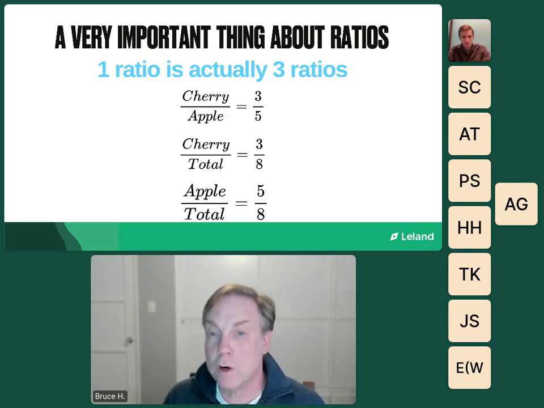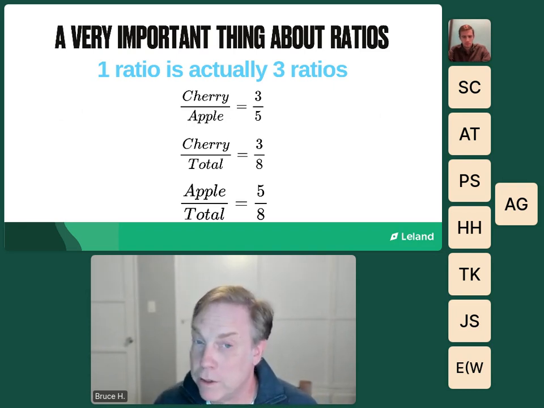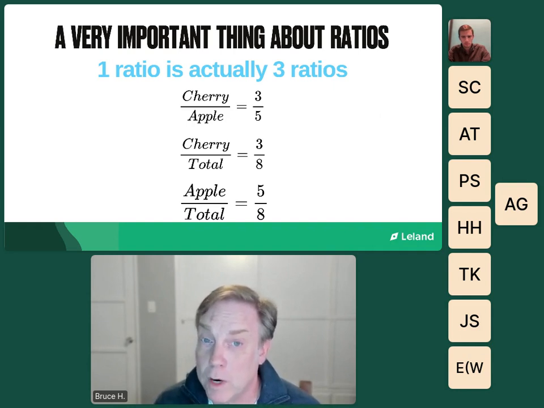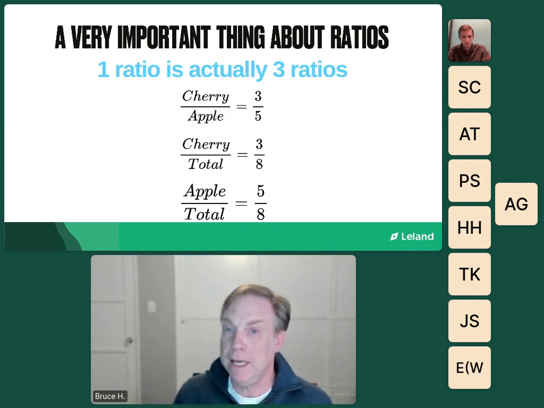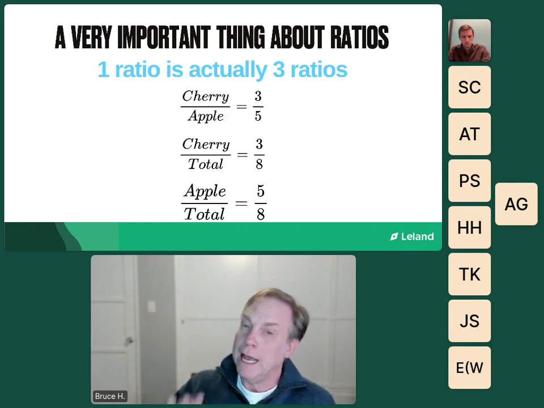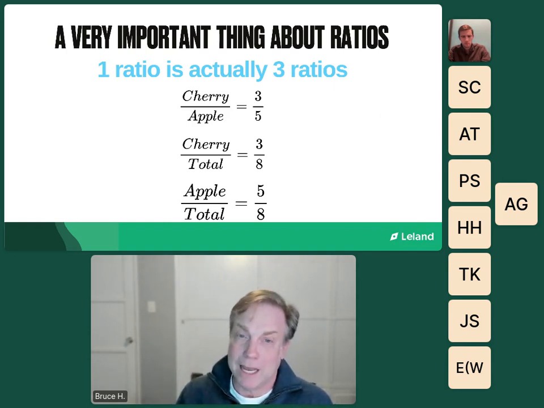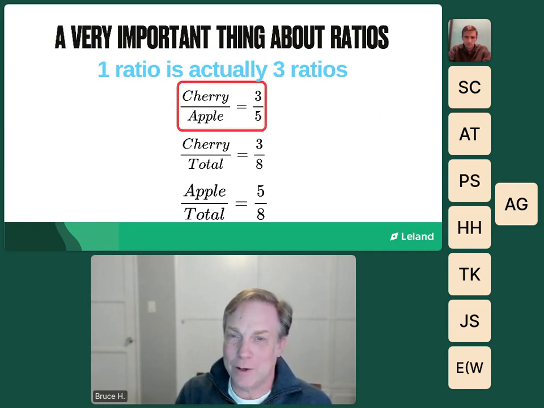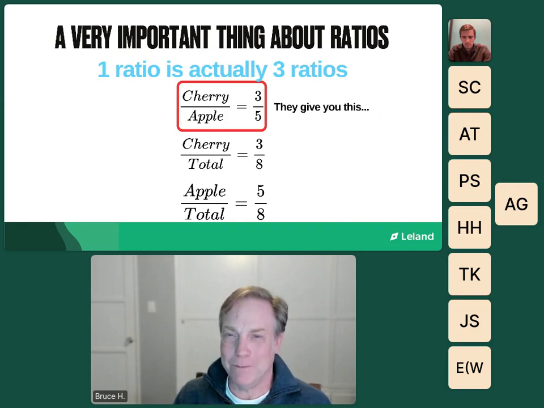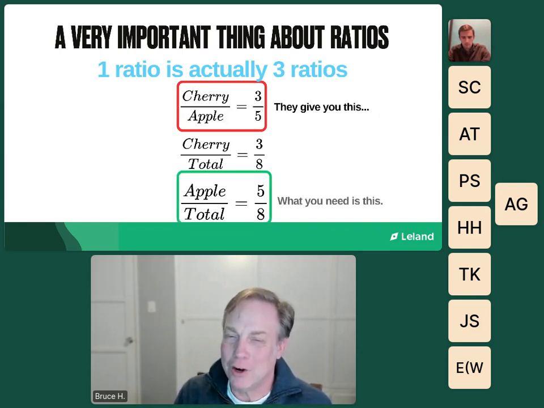This only works with 2 variables, but when you're given 1 ratio, you're actually being given 3 ratios. Now that you know that, and you know that the test knows that, guess what they're going to do? They're going to start you out with that ratio, but in order to solve the problem, you're going to need that ratio.